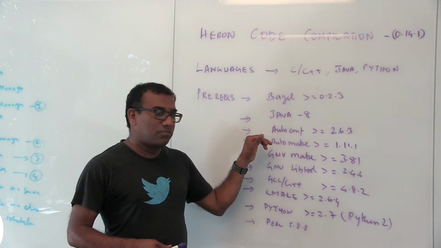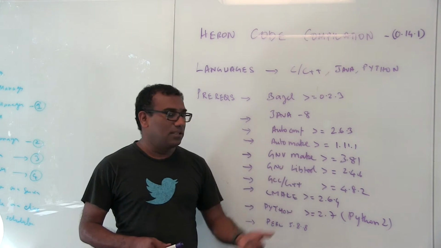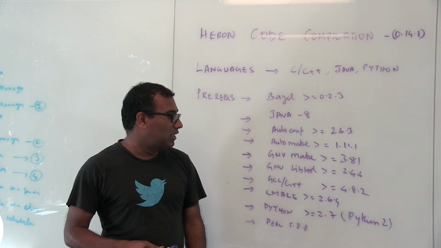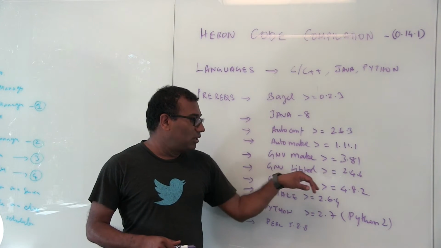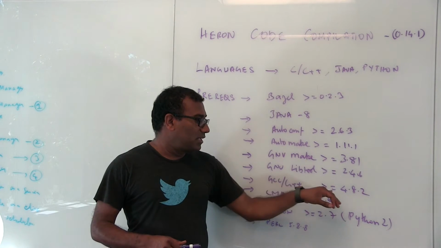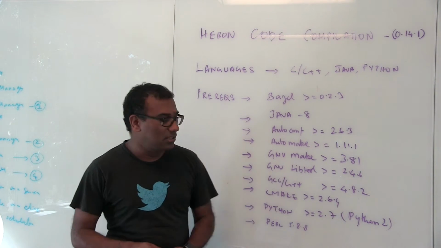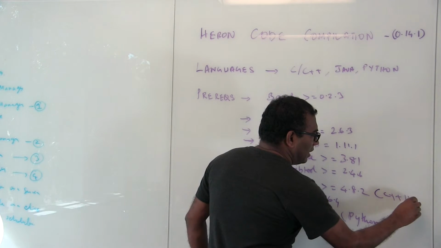Then you need autoconf greater than 2.6.3, automake greater than 1.11.1, GNU make greater than 3.81, and GNU libtool greater than 2.4.6. GCC and G++ greater than 4.8.2, because we use C++11 to compile.